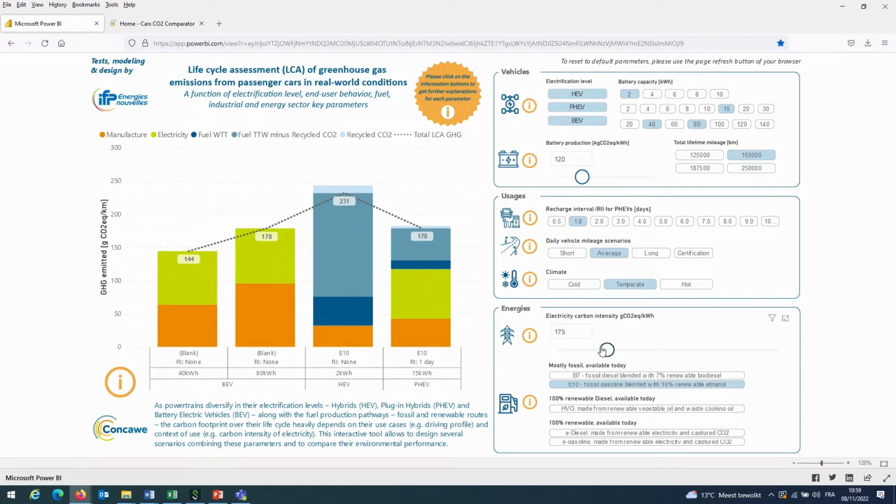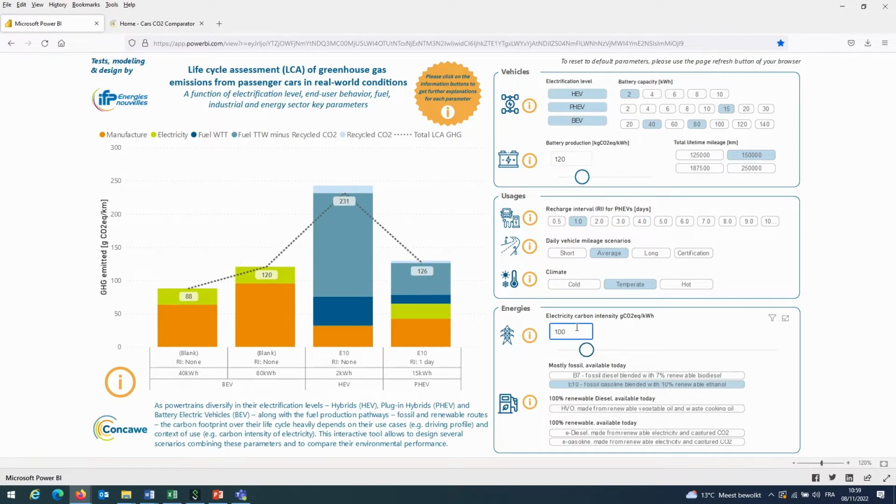And now if we move to France, now the hybrid electric vehicle refueled with the fossil fuel starts to be really bad compared to the other options. The small battery electric vehicle is still the best one, and you can still see that the big battery electric vehicle and the plug-in hybrid electric vehicle are still more or less equivalent.